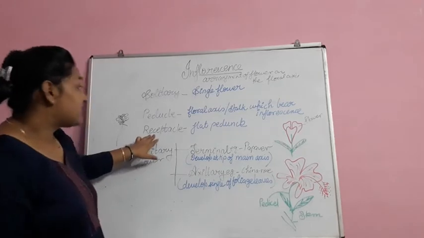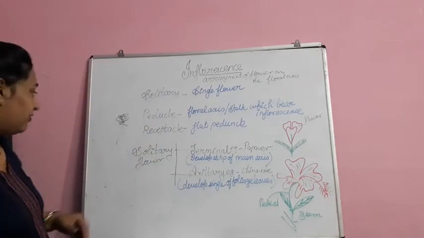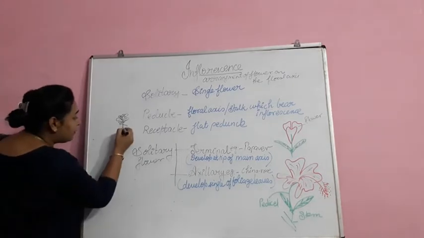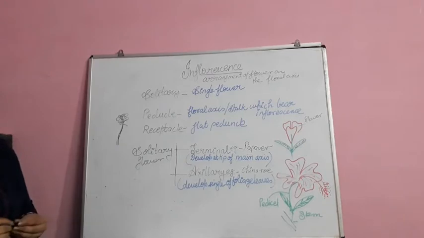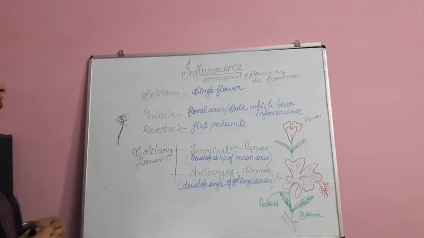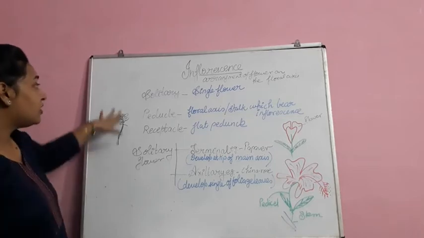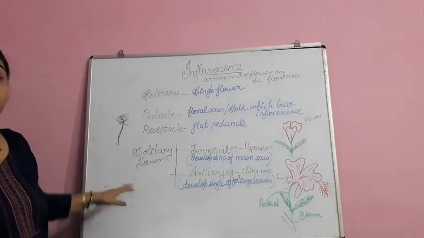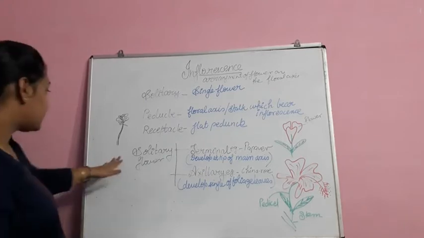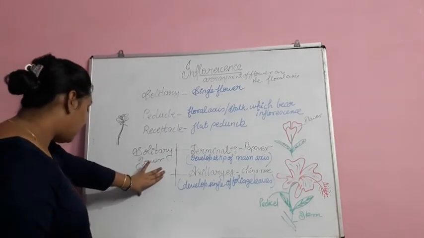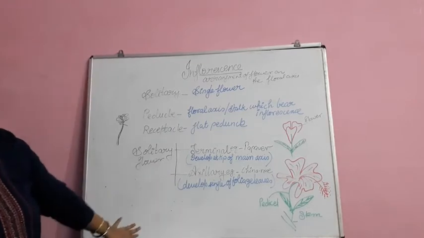The word is receptacle. Receptacle means the part in which this pedicel becomes a flat leafy structure, and that is called the receptacle. So on the basis of the inflorescence, the solitary flower is differentiated into two different parts. One is the terminal solitary flower and the other one is the axillary solitary flower.